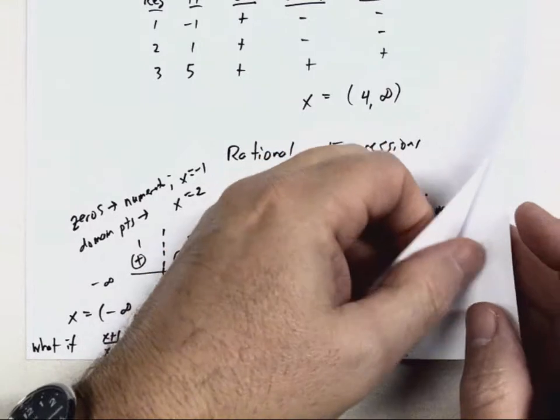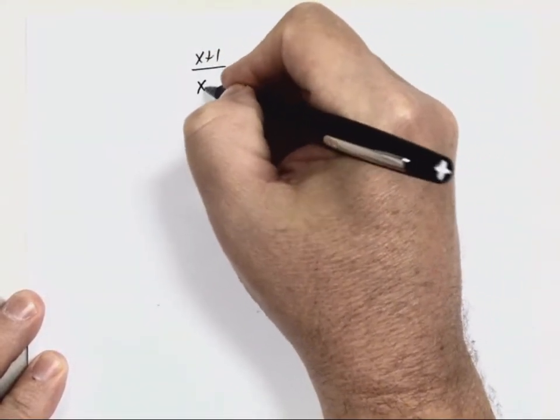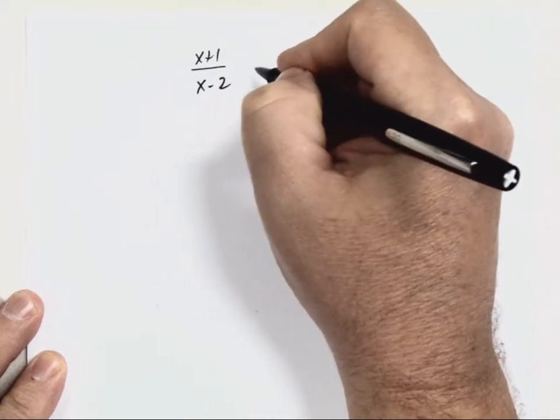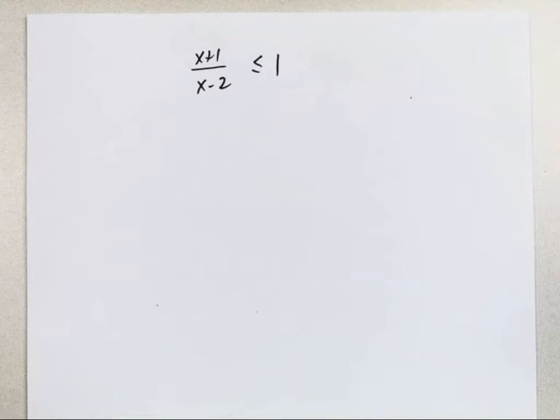This one's got a little bit of a twist to it. We're asked to solve this inequality. Now it looks sort of kind of like the problem we just did, but there's actually one big difference.